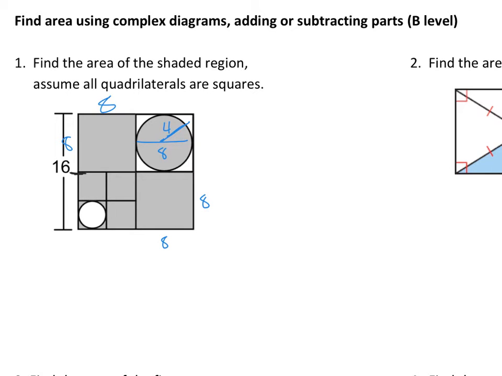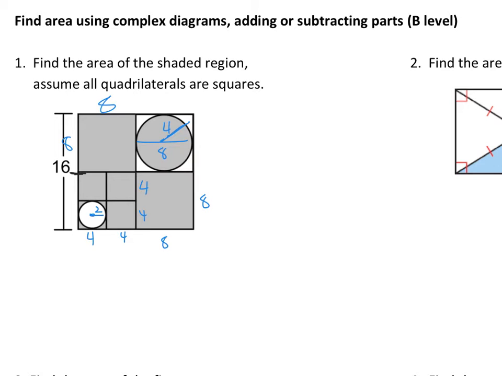Down here, this whole side is 8, which means these little guys are all 4. So just like up above, if the diameter is 4, that means the radius is going to be 2.